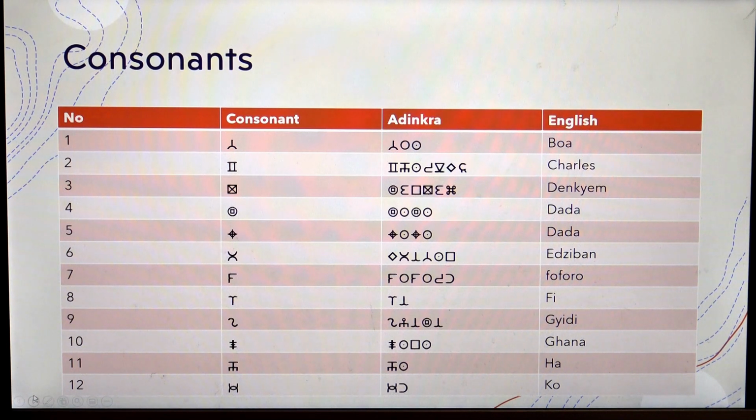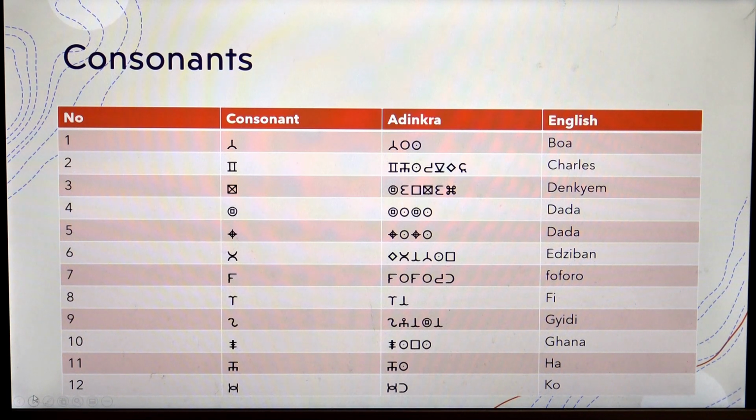In that case, when you write it, since it's a name, you're just using the Adinkra as a cipher, just transliterating from the original language into the Adinkra language.